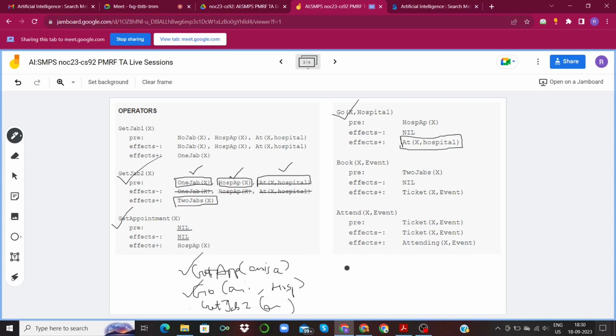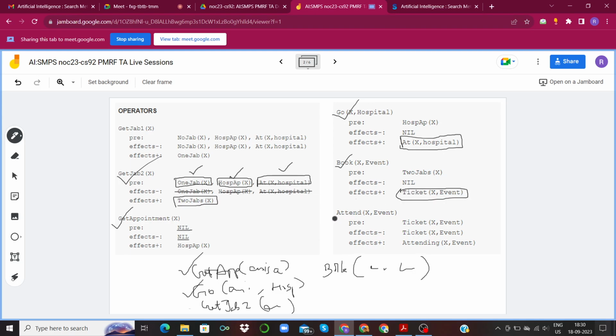So now that 2 jabs Anisa has been added to our state, we can now apply this book operator. Okay, so that will be the fourth step. Book, Anisa, and concert. Okay, so as a result of this operator, now Anisa will have a ticket for the event or the concert, and this will be added to the state.